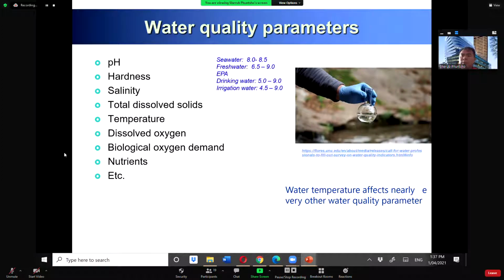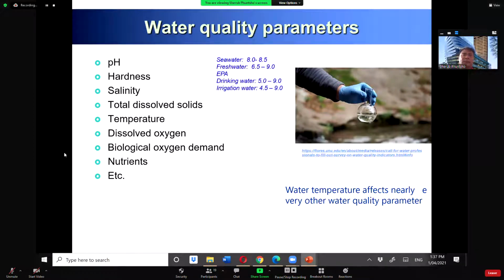If there's less oxygen present in water, that means something in the water is consuming the oxygen. Of course, if the temperature increases, the dissolved oxygen will also be released, so that may also be one way of reducing the dissolved oxygen.